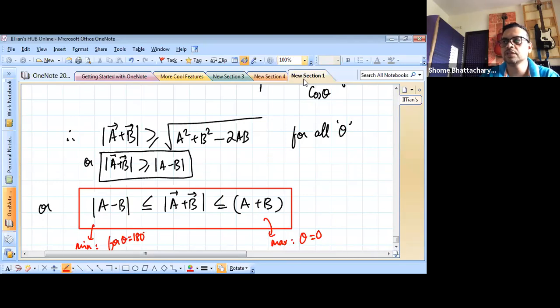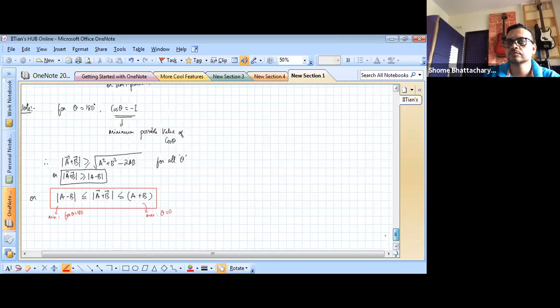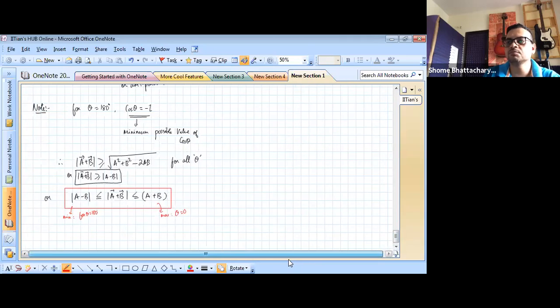Yeah, I'll show you the full slide. So just like we had analyzed for the maximum value, that occurred when cos theta was plus 1. That was when theta was 0. Similarly, here we are analyzing for the minimum possible value, and this occurs when theta is equal to 180 degrees and cos theta becomes minus 1.